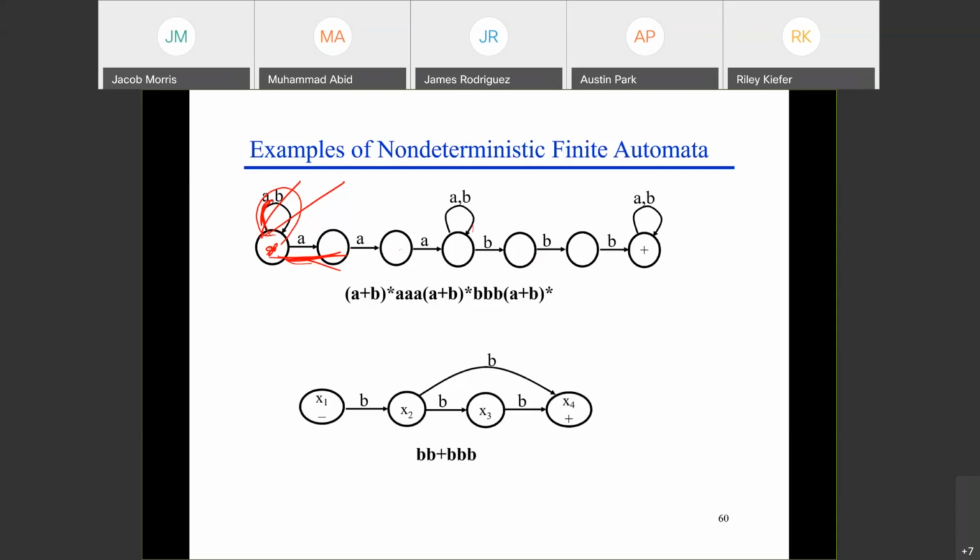When you have a room and you have two doors, you cannot predict from which door someone will come in. So this is non-deterministic. If you have only one door, you can say people will always come from this door. This is deterministic, always one behavior. So NFA is non-deterministic.